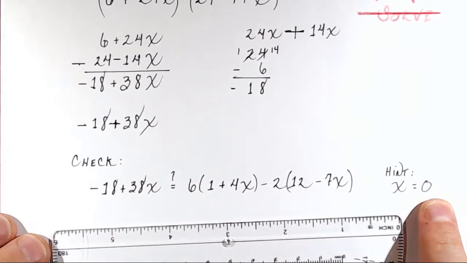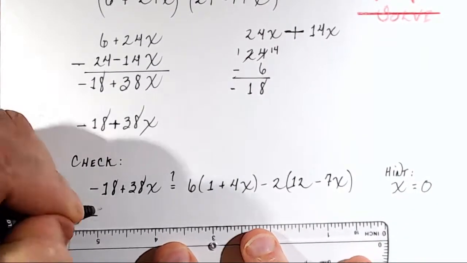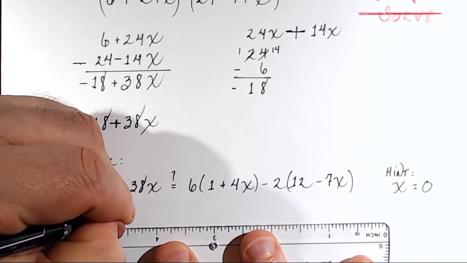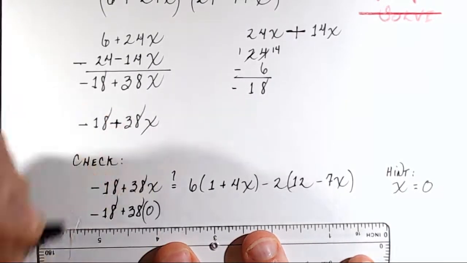So every time we see an x, we're going to put a 0. We'll rewrite negative 18 plus 38. Here I'm going to use this parentheses notation, and I'll put in the 0.